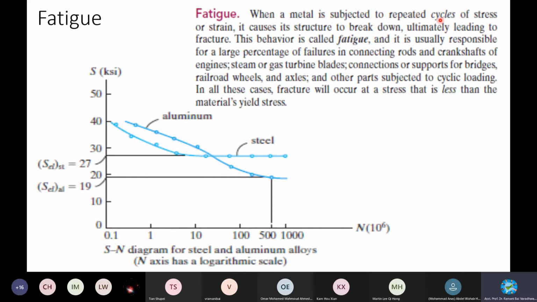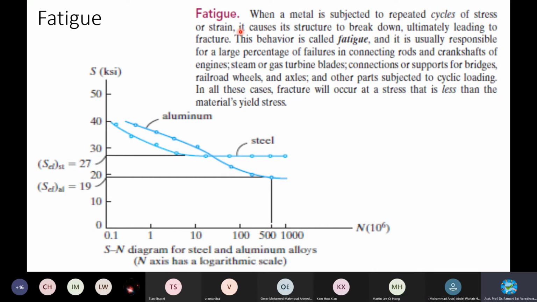Here, I read the sentence. When a material, metal, subjected to a body, body subjected to repeated cycles of stress or strain. You know what is stress or strain, right? Stress is the response of the body to the external force.